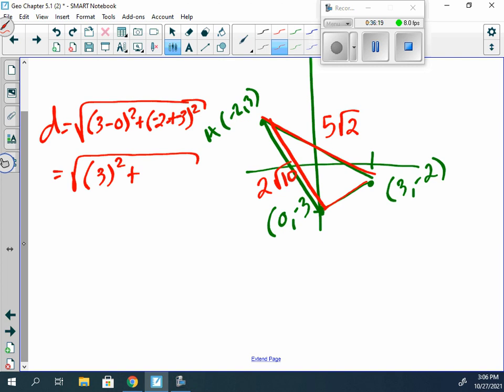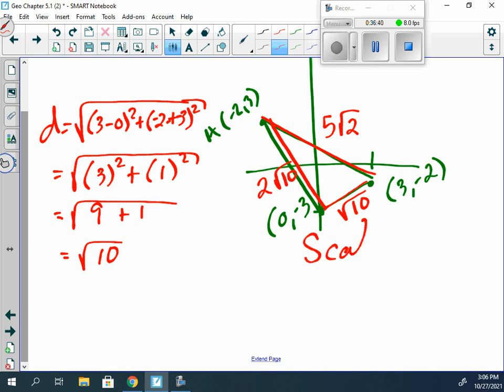Here, the negative and negative make a positive, giving us negative 2 plus 3, which would just be 1 squared. 3 squared would be 9. 1 squared would be 1. That would just give us the square root of 10. Well, since none of the side lengths are the same, this would be a scalene triangle.